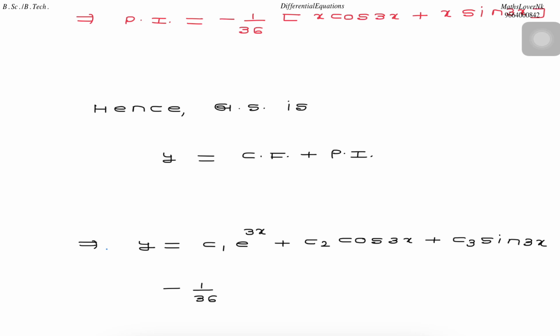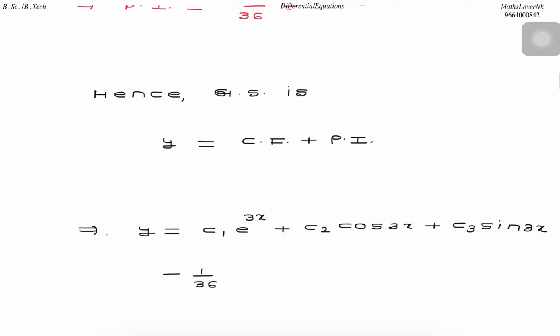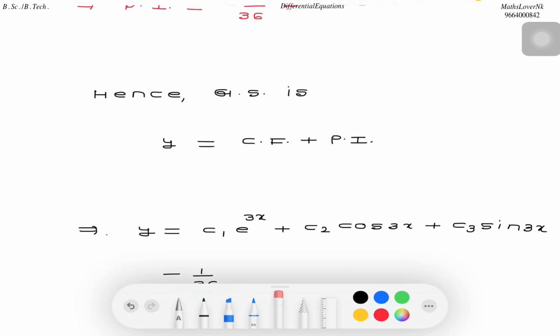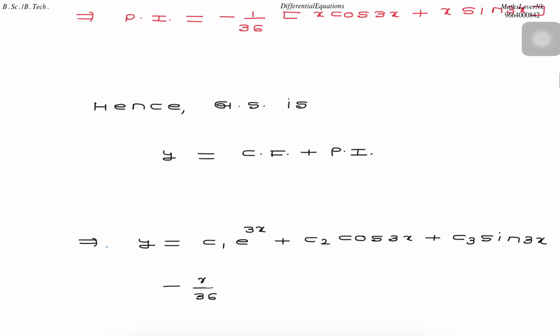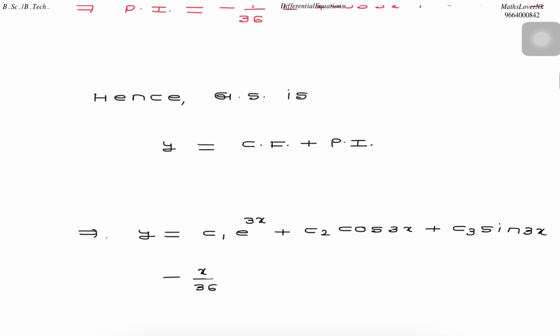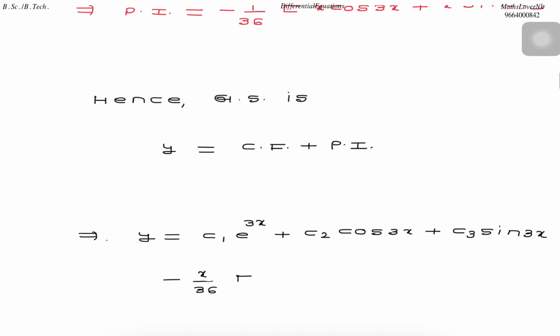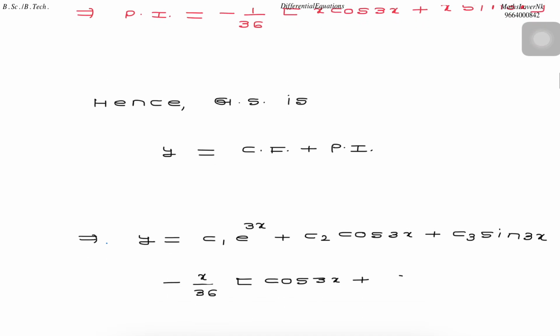Take out x as common, then it becomes x upon 36, cos 3x plus sin 3x. It's our final solution.